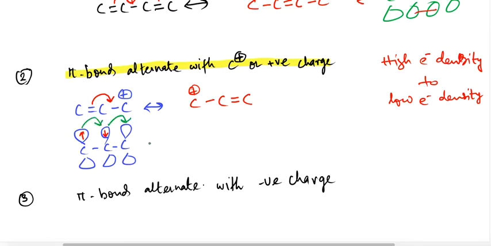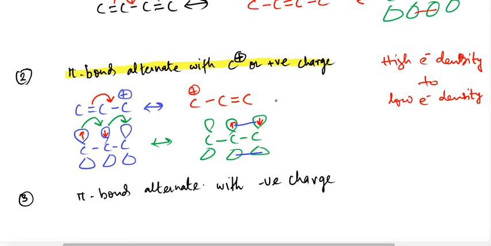And then what will you get? You will get C, and now you will have one electron here, and then this is empty, and these two will form a bond. So you will have C double bond C and empty, so carbocation will come here, right?